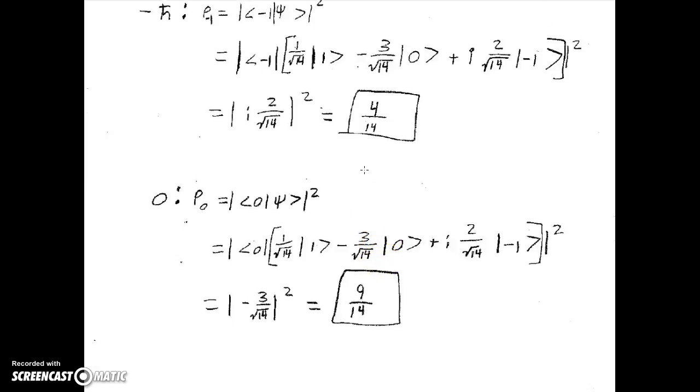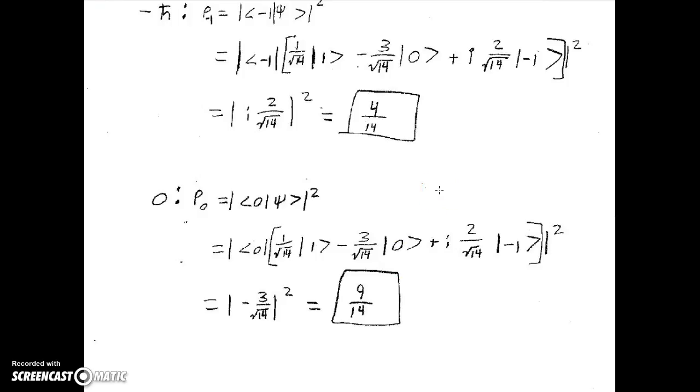Again, same thing with 0 as the output. The 1 input and the negative 1 input both become 0. So the only term that's left is negative 3 over square root of 14 squared, and so the probability of getting a 0 spin is 9 over 14.